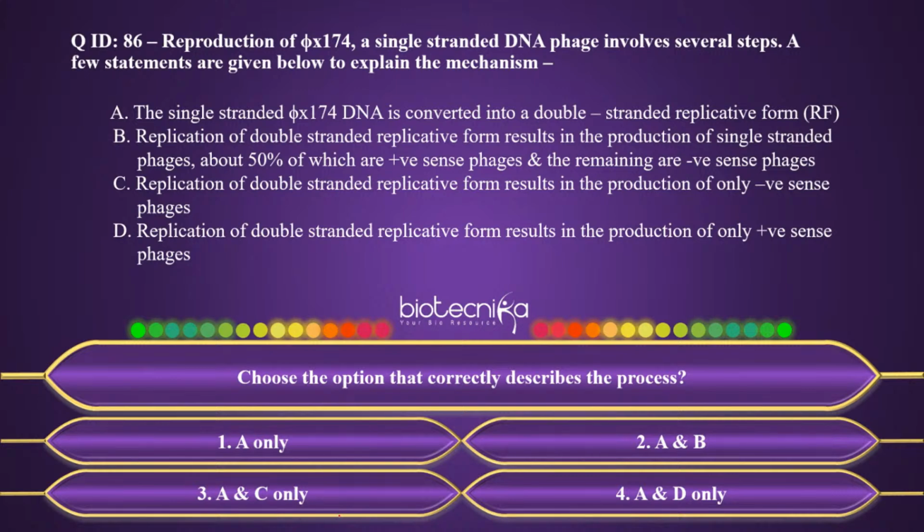So if anybody has attempted this question, can you tell me which option would be the correct one here? Choose the option that correctly describes the processes. Out of options 1, 2, 3 and 4, which one would be the correct one? Did anybody attempt this question?